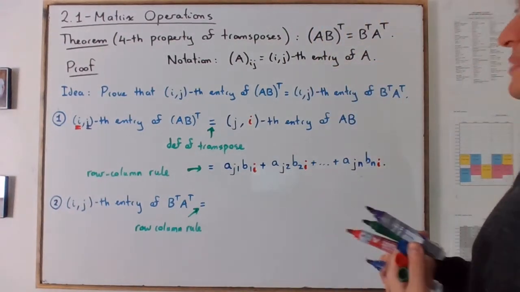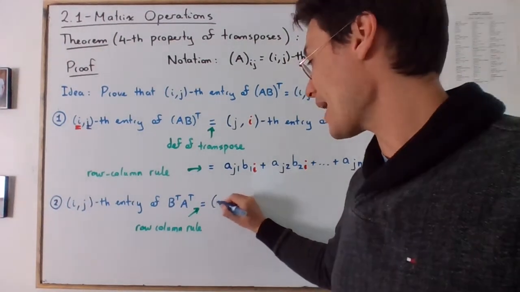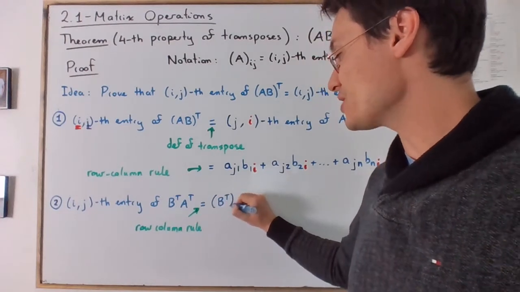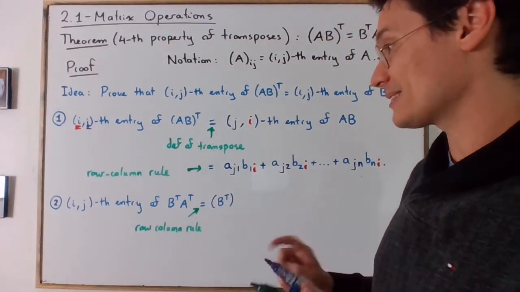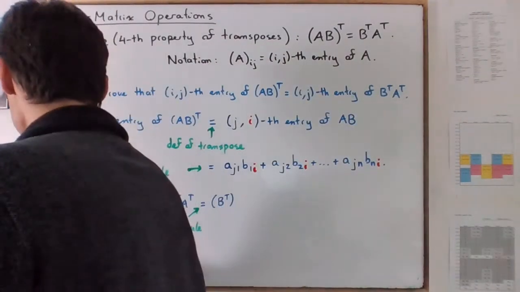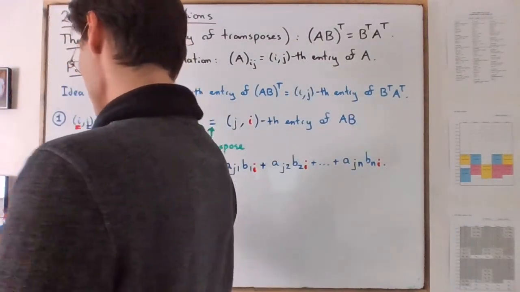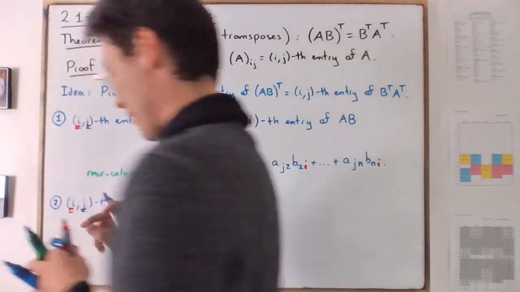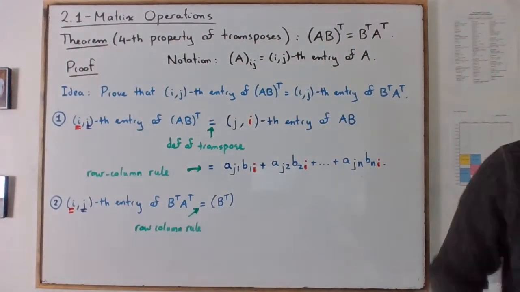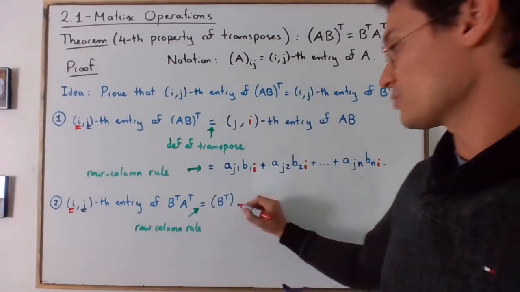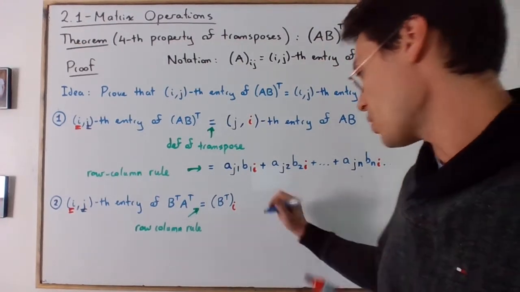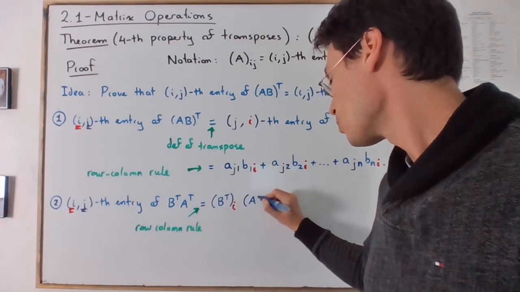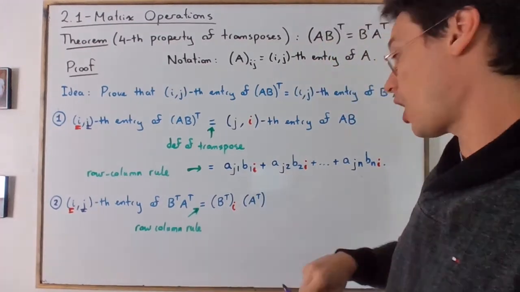We have to be careful again. That's why I want to write B transpose, and notice that the i will be in row i, and then A transpose will be in column j. Let's keep the same color code so you can follow what's going on.